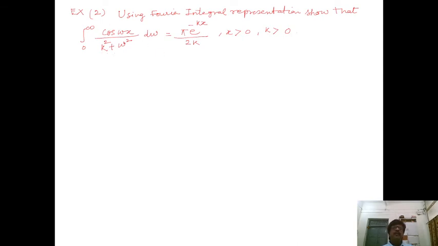This is the Fourier integral representation. It contains the cosine term. This is the function whose such representation is to be established by us. So we observe over here what is the function given? This pi upon 2k is of course a constant. So the function is an exponential function e to the power minus kx.